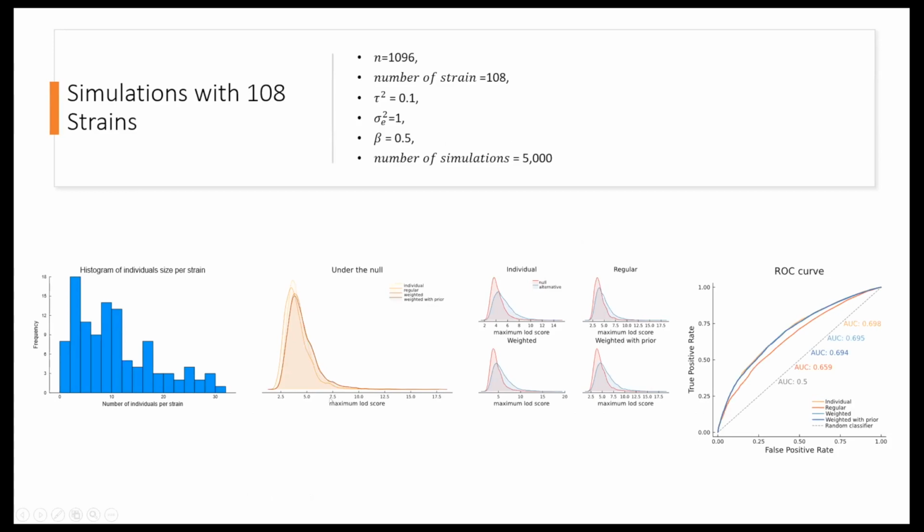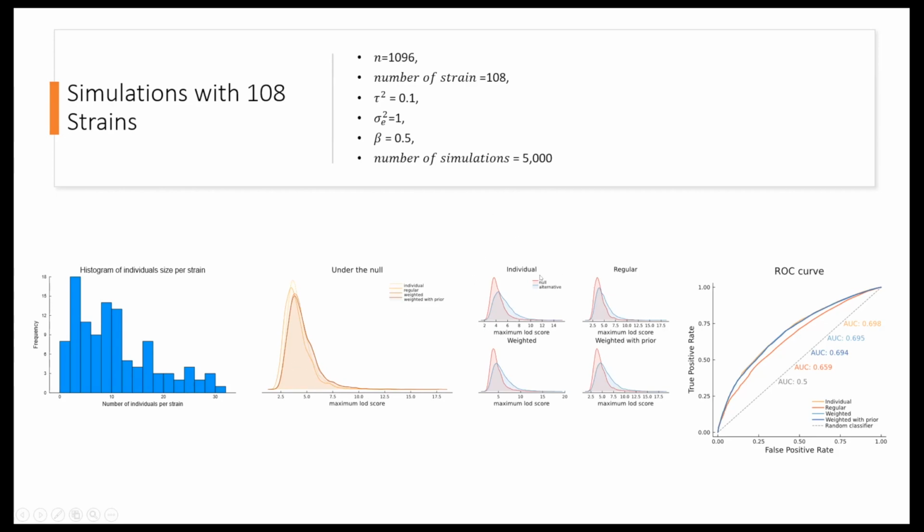So here, what is the distribution? It is the distribution of the maximum LOD score per simulation, meaning that here we have 5,000 simulations. And in each of those simulations, we have a maximum LOD score. So that's the LOD score for all the simulations.